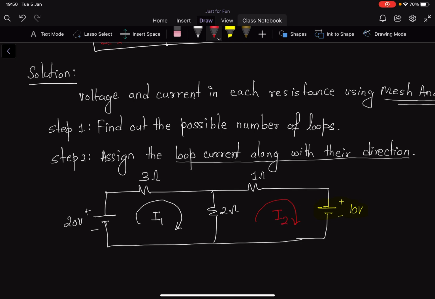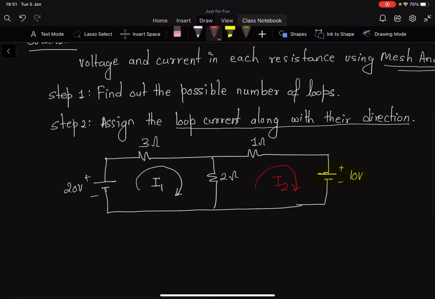The reason I am sticking with the same direction for I1 and I2 is to make our assumption clear. You can see this is clockwise, and this is also clockwise, which is absolutely fine.